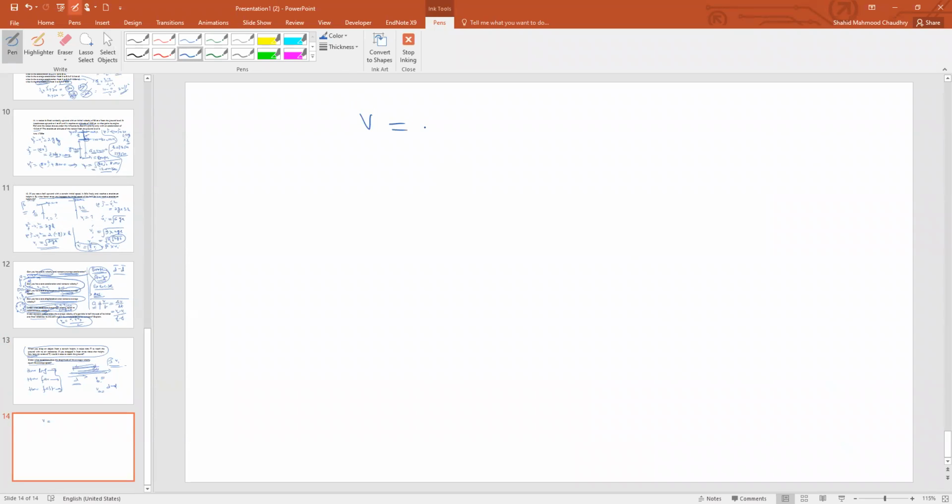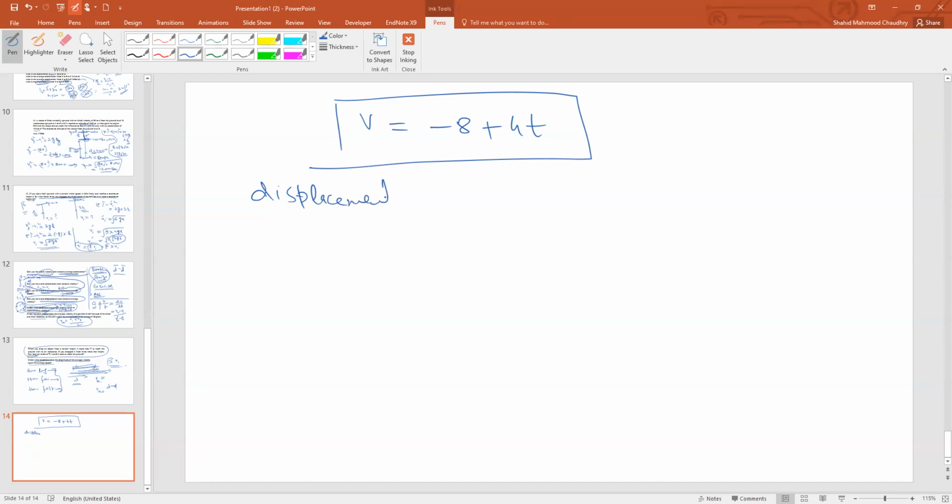If we have V is equal to -8 plus 4t, this equation, and we want to find the displacement at 4 seconds, how will you find the displacement?